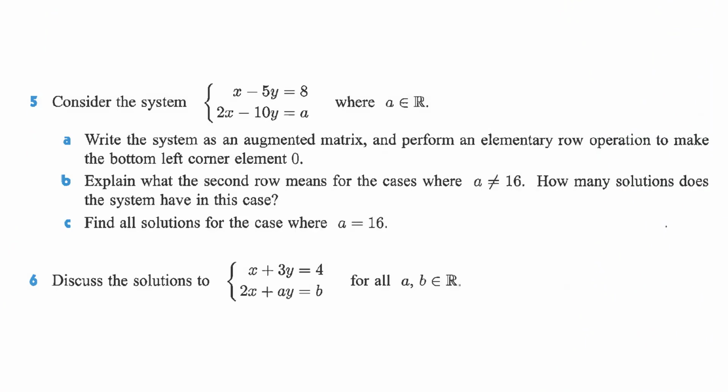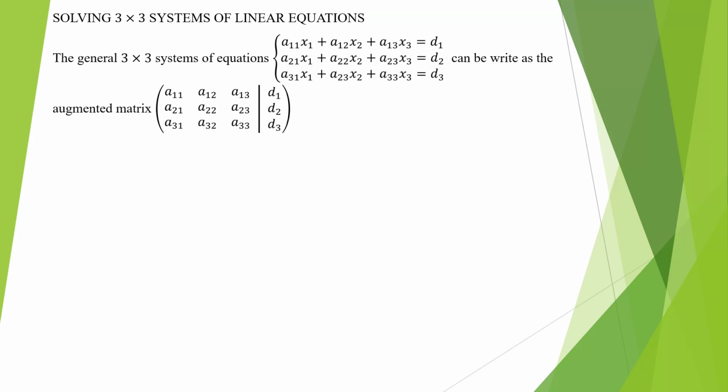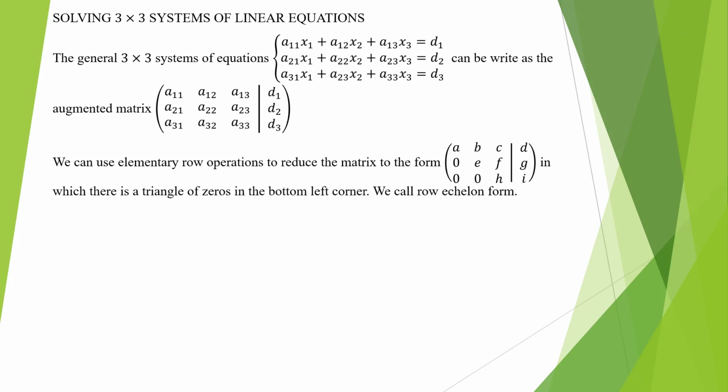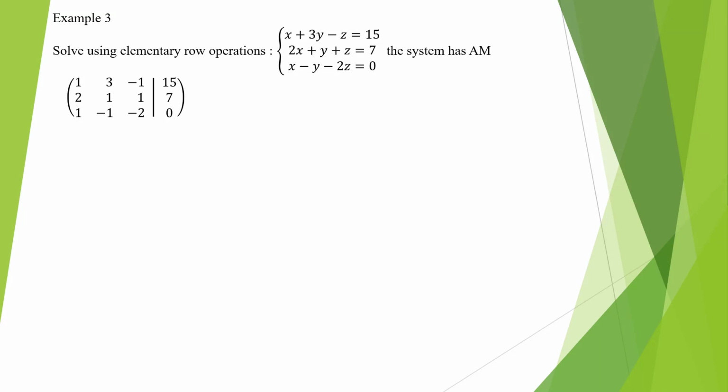And the next, solve a group of 3 systems of linear equations. This can be written in augmented matrix. Like this one, first we convert row 2 and row 3 of column 1 to be 0.